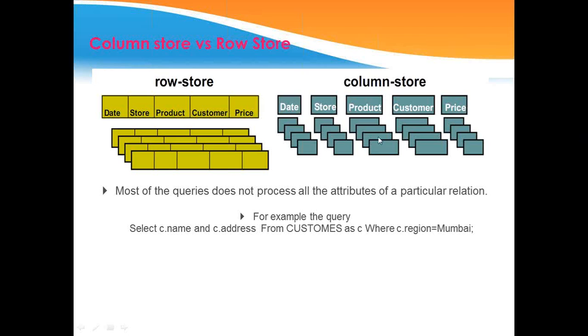Okay, right. See here, in this table I have the columns date, store, product, customer, and price. If I want something, I run a query saying select product and customer where product ID is equal to 1, 2, 3.